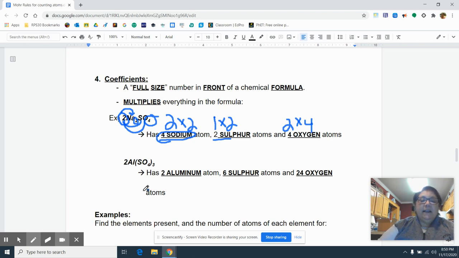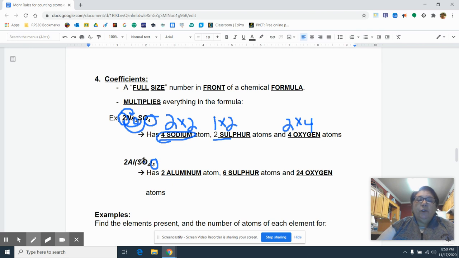If you look at it again, 2Al2(SO4)3. Okay, it gets tricky now because you've got this little booger outside the parentheses or the brackets. So it is going to multiply everything in the bracket. So you've got 2 aluminum. 2 times 1, so you have 2.